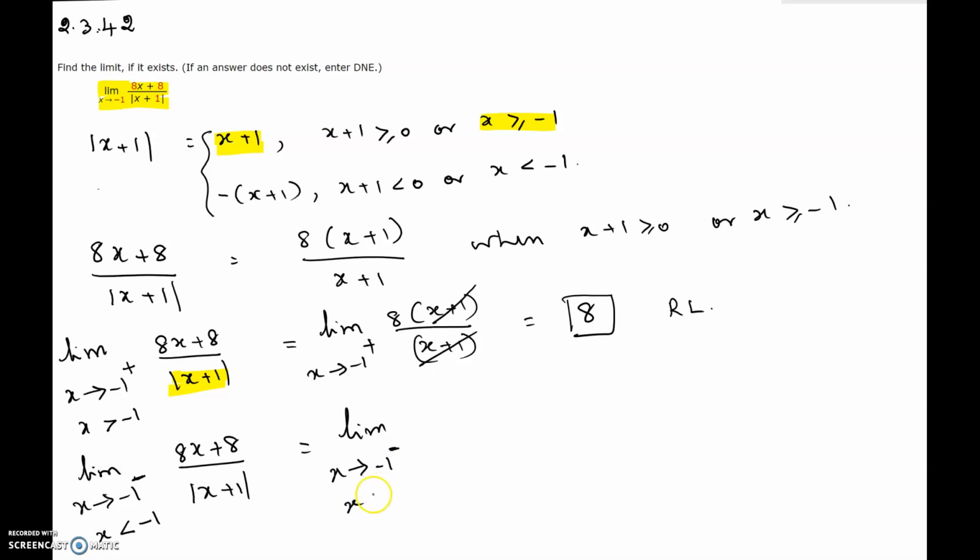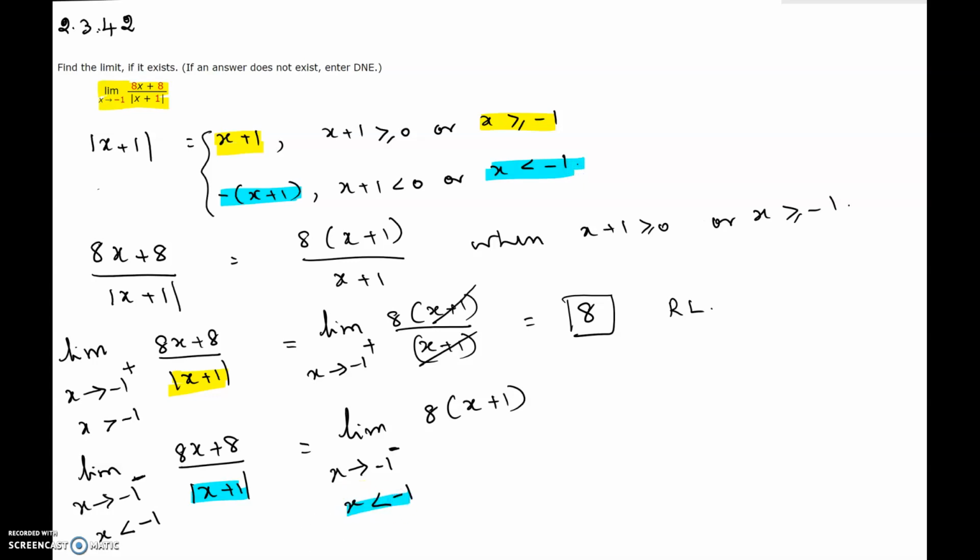Its numerator is 8 times (x + 1). The denominator, absolute value of x + 1, is negative of (x + 1) because x is less than negative 1 in this case.